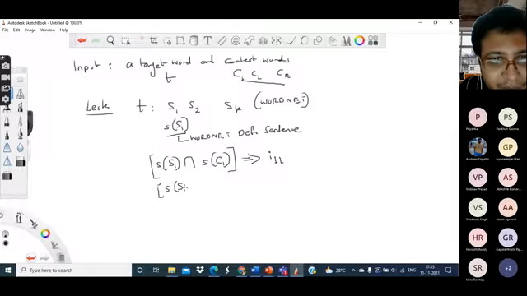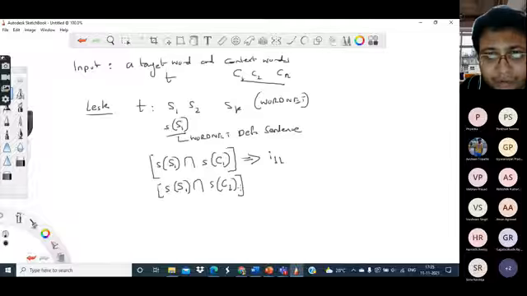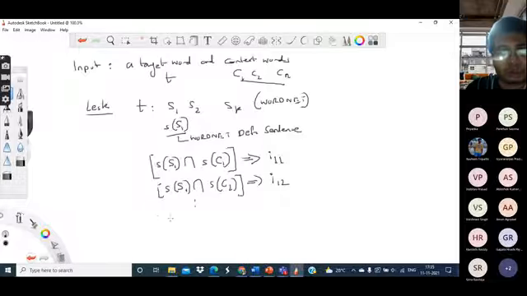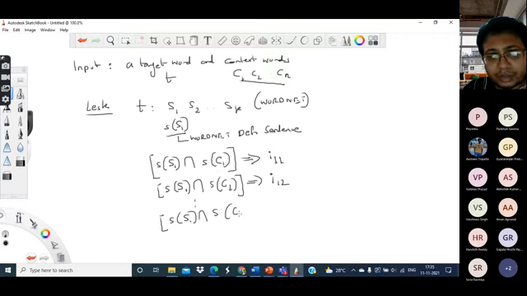Then you take the second context word, again take the intersection, I12, and similarly you do this process for all the context words up to Cn. This way what you get is I1n.